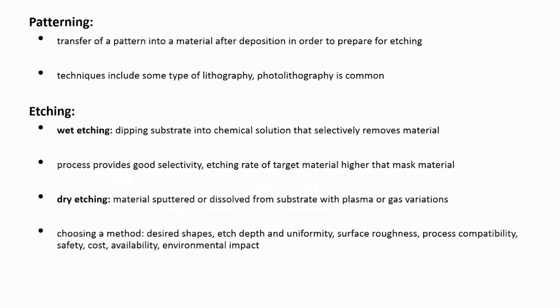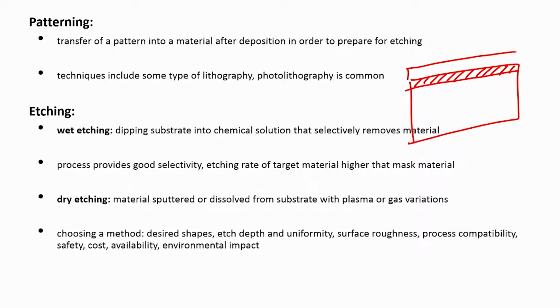Now, a very important point that we need to understand is patterning. You remember that we took an example of an oxidized silicon wafer on which we deposited nichrome. We deposit this nichrome using a PVD technique. PVD is physical vapor deposition, and here we are using electron beam evaporation to deposit nichrome.